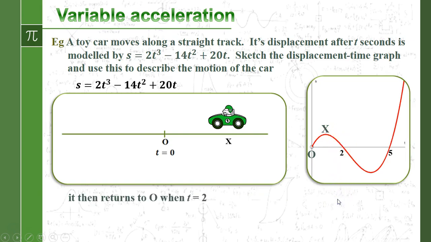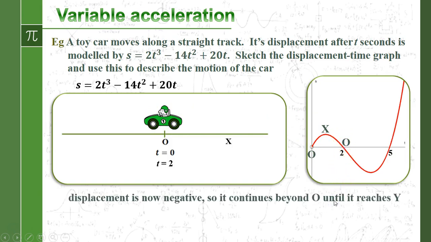Essentially it turns around and moves back. And now we're back at the origin when t equals 2, at this point here on the graph. Now, I know my graphic has stopped, but in reality the car doesn't stop there, it just keeps on going. Now we're into negative displacement, on the other side of the origin. And we're now at this point y, which is the furthest negative displacement, the minimum point on the curve there.